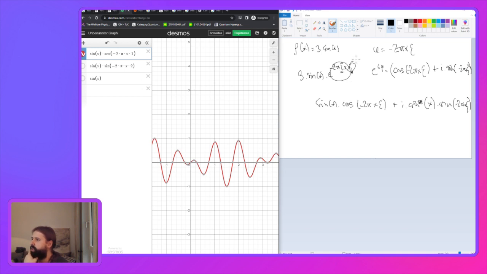So basically, this is what it's doing. It's just translating by multiplying a function by this thing here. Why 2 pi x, why? Why the minus? If it would be plus, then what would happen? Nothing.